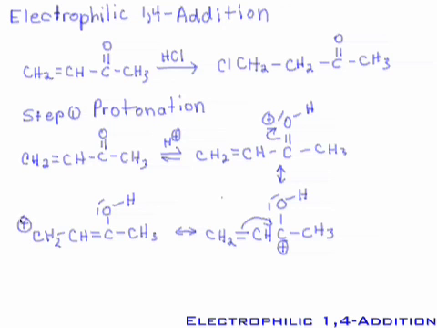So the first step is electrophilic attack of an acid to produce a resonance stabilized, alpha-beta-unsaturated carbonyl system. And if a nucleophile now attacks, step 2, nucleophilic attack, a nucleophile would be attracted to both positive charges.